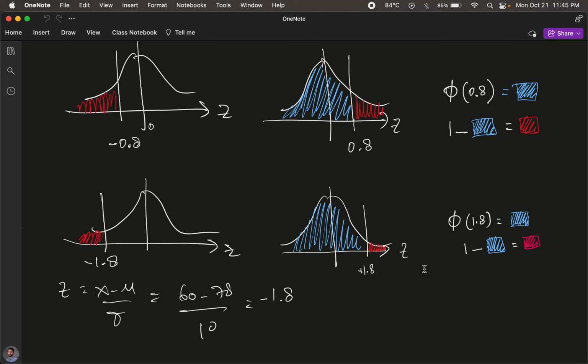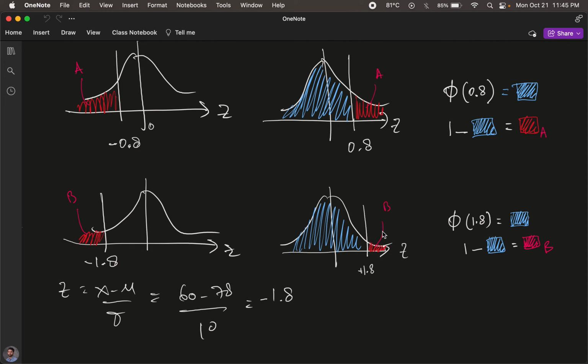Okay, so let's just call this red A, and let's just call this red B, just to make a differentiation. Let's call this A, call this B. Similarly, if that's A, this is also A, because it's the same tail, just on the other side.